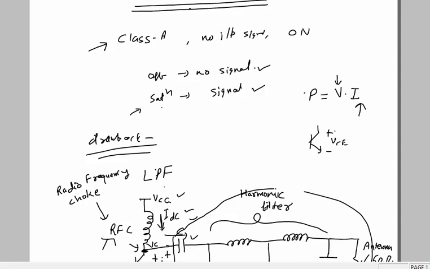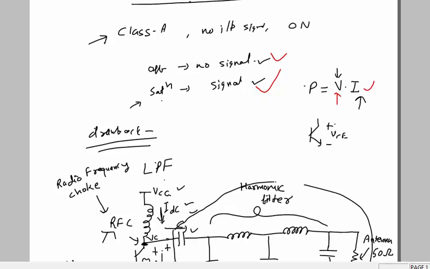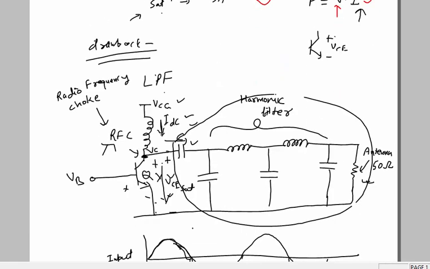In both conditions the power dissipation is very small, because in the off condition the current I will be less, and in the on condition the voltage V across the transistor will be less. One drawback is that it is non-linear and harmonics will be present. To remove that, we use a harmonic filter, a low pass filter, which has this C and this R.